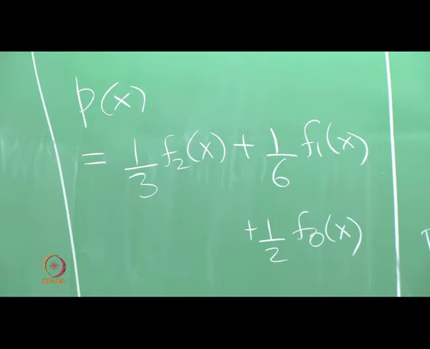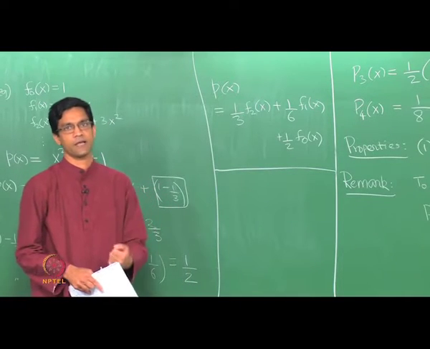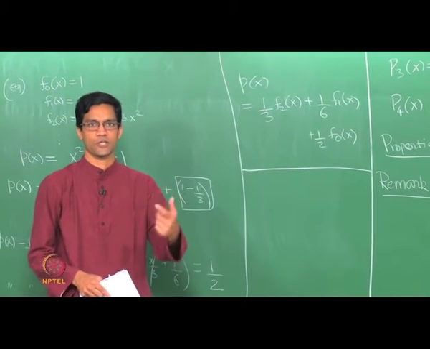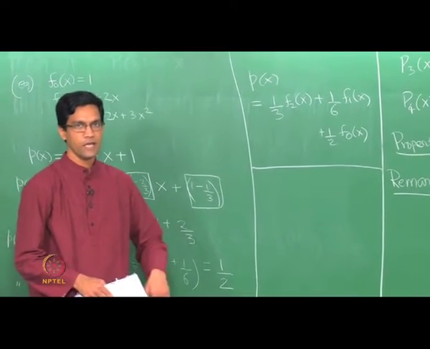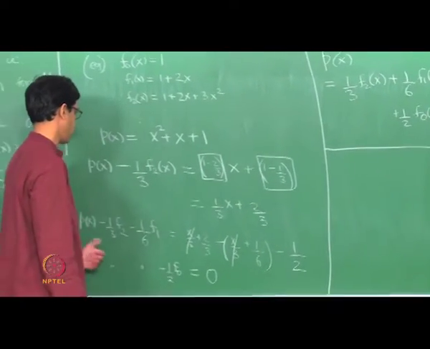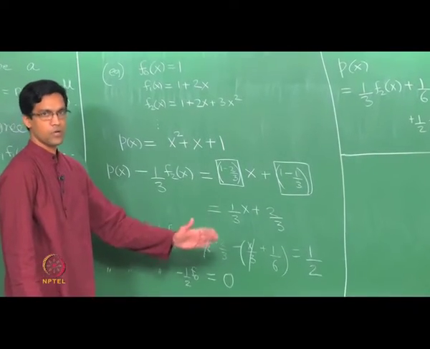So this procedure is more or less the proof in general. If you want to express any given polynomial of degree d, you start from the highest power, x power d, you match the coefficient up with the coefficient of x power d in fd, and you subtract out an appropriate multiple of fd from p of x. What is left will be of degree d minus 1 or smaller.